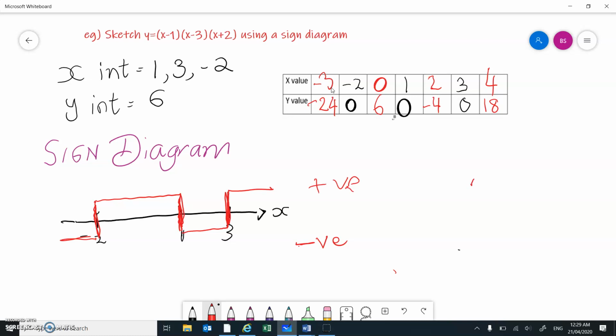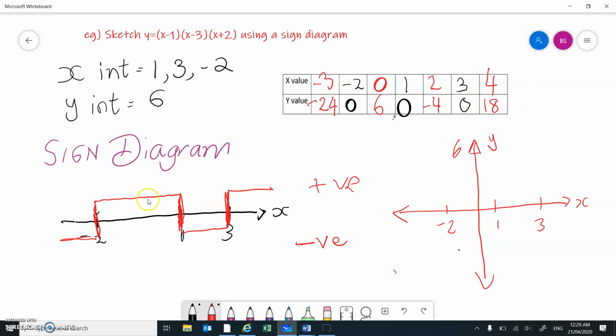We draw a graph. Okay, so we put our x-intercepts, 1, 3, -2. Up here, put 6. Then what's happening?